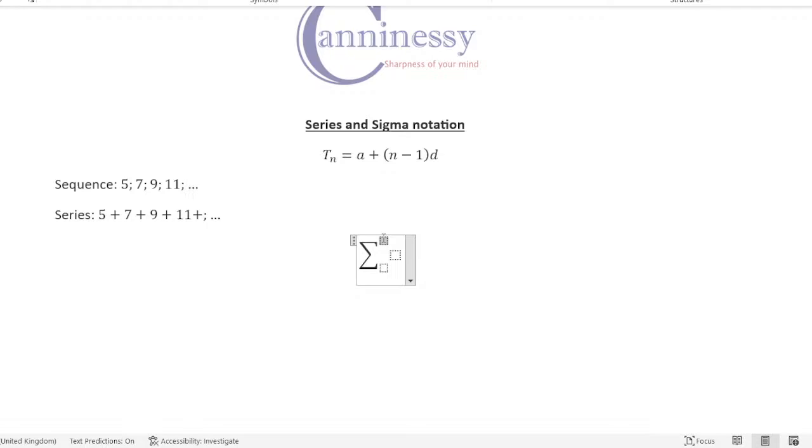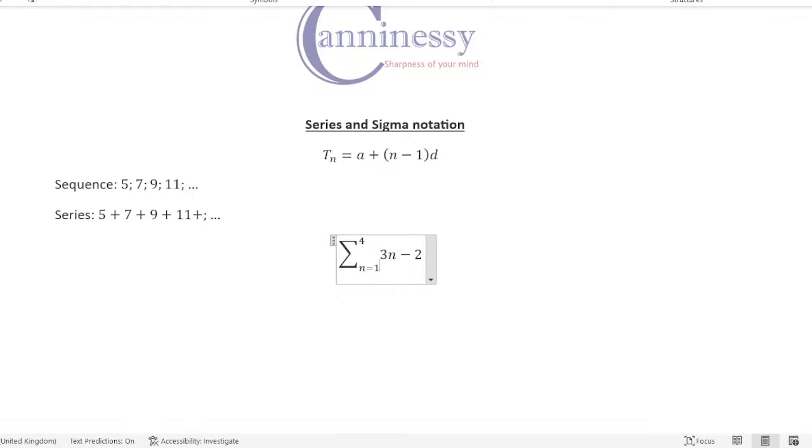Here we have 4, here we have 3n minus 2, then here we have n equals 1.